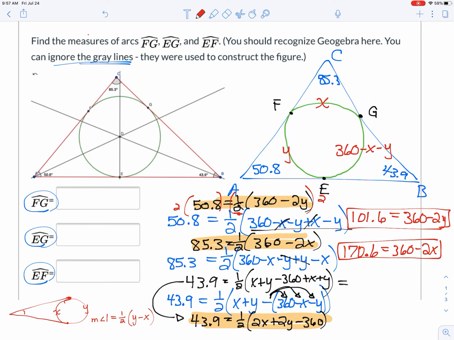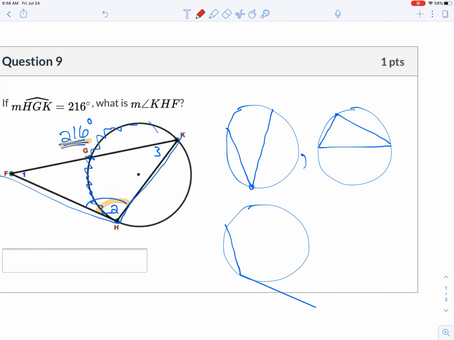And 43.9 doubled is 87.8. So I'm using this equation down here. 87.8 equals, when I multiply by 2 on both sides, the 2 times 1/2 essentially cancels. That's what's happening there. 2x plus 2y minus 360.